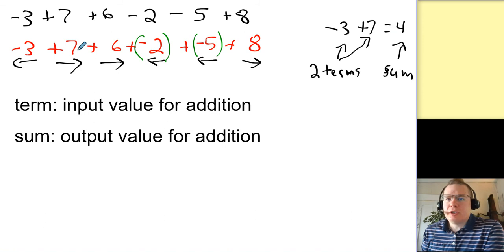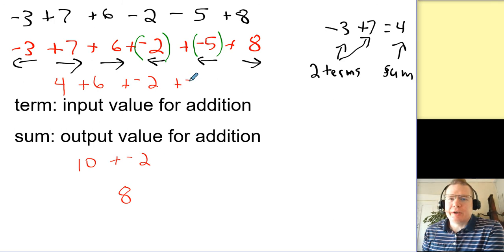So -3 plus 7, one way we can do this is just straight left to right. -3 plus 7. I'm going 3 to the left, but 7 to the right. That's bigger, so I'm getting to the right of 4. And then 4 plus 6, that's 10. That's easy. 10 plus -2. Okay, 10 forward, 2 backwards. It's going to give me 8. That's the same as 10 minus 2.